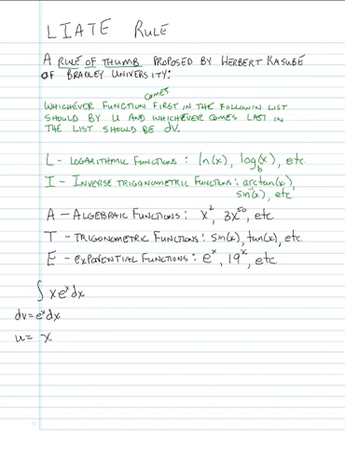I stands for inverse trigonometric functions like arctangent or inverse tangent of x, inverse sine of x, etc. And A stands for algebraic functions like polynomials, x to the second power, 3x to the 50th, and it could be a polynomial even with multiple terms. The T is for trigonometric functions such as sine of x, tangent of x, etc.